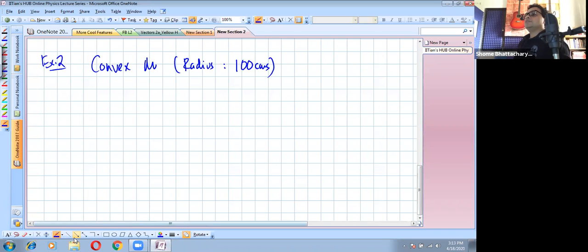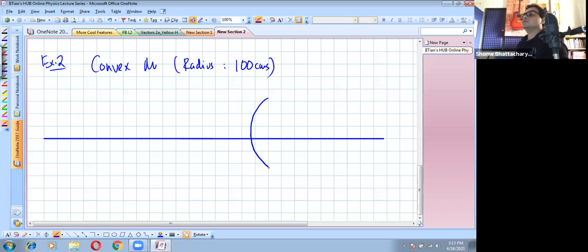If this is my principal axis, here I'll have to show a significant part of the virtual side also. It is silvered from the inside, and therefore the mirror is the convex surface from outside. Let's say the center of curvature is over here, and this is of course the pole.